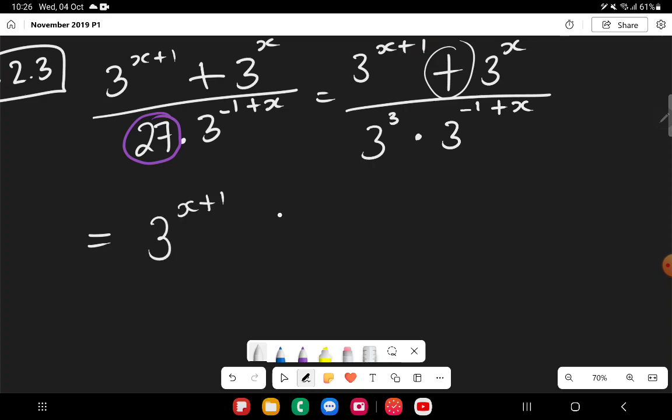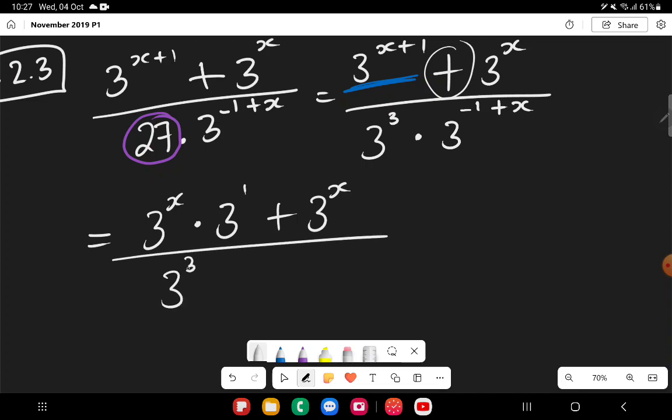Because of that addition sign, I am actually going to do this differently. Instead of doing that, I'm going to separate this one. So this one I'm going to split up, and I'm going to say it's 3 to the power of x multiplied by 3 to the power of 1, plus 3 to the power of x, divided by 3 to the power of 3 times 3 to the power of minus 1 plus x.